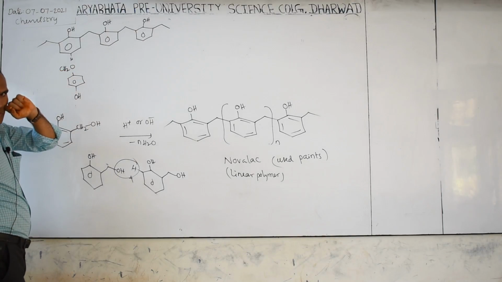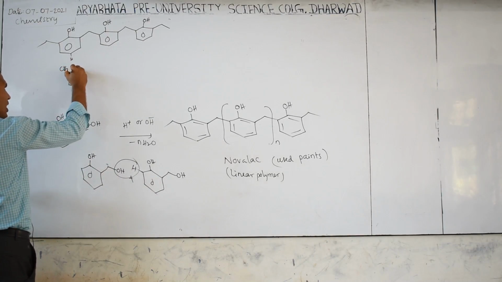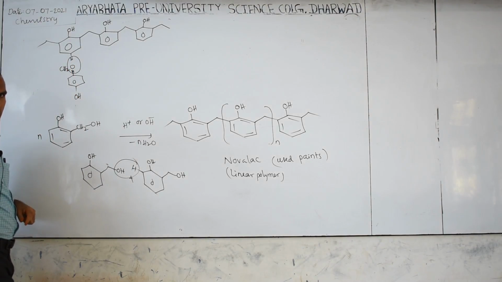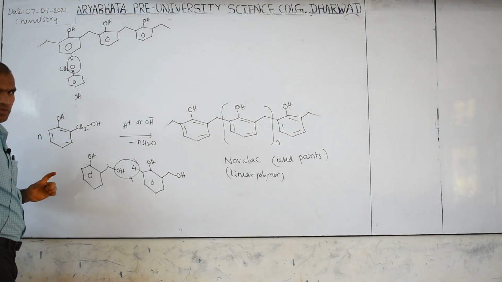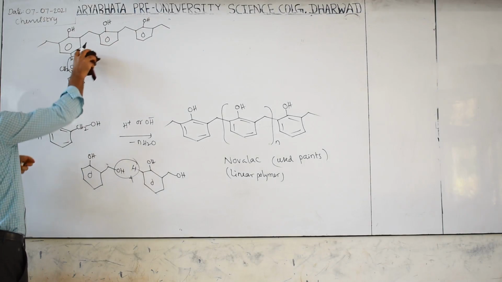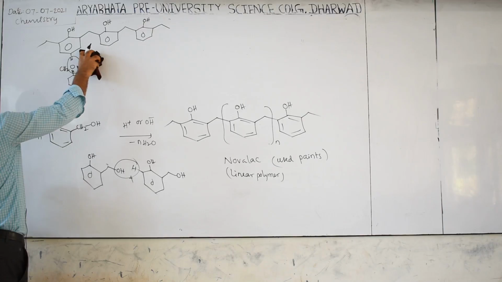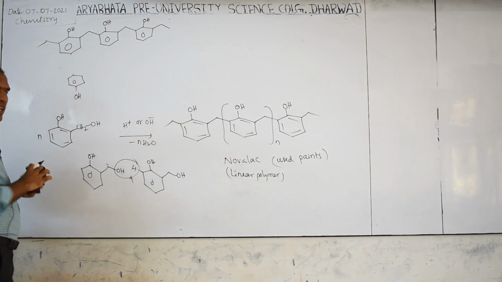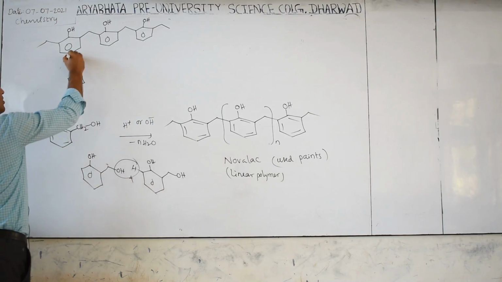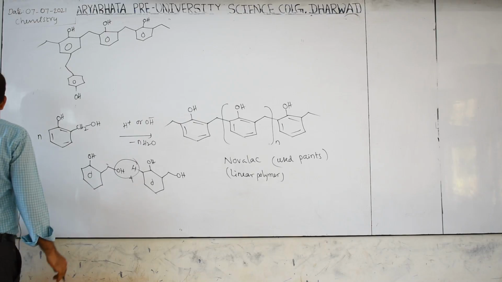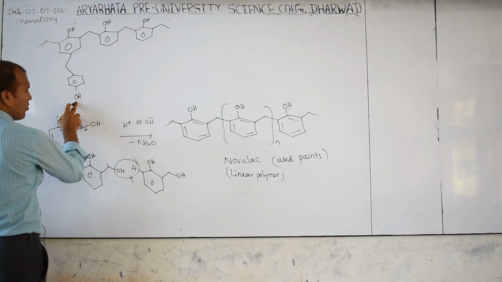CH2O is formaldehyde. This H and this H, like this, what is lost? Water molecule is lost. What is left? CH2. Now I am removing this H2O, sorry, not OH, H2O. Then what is left? CH2. Here also OH will be there.